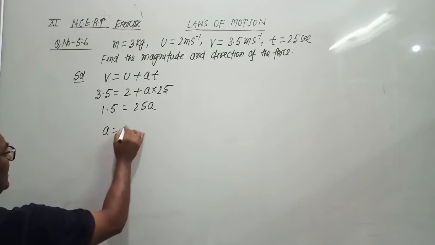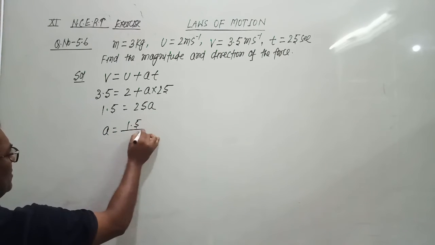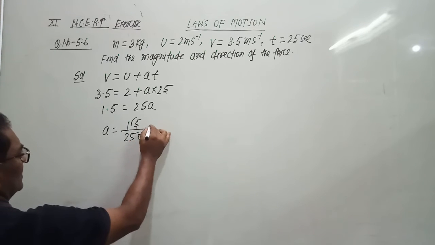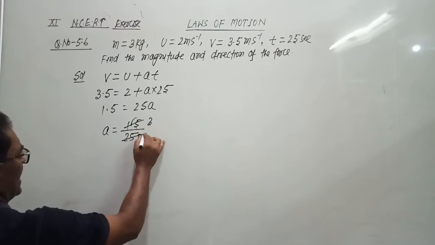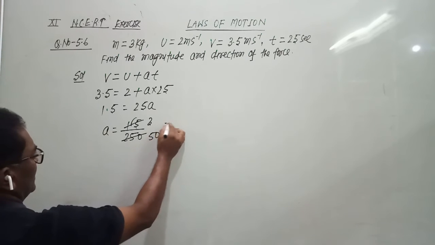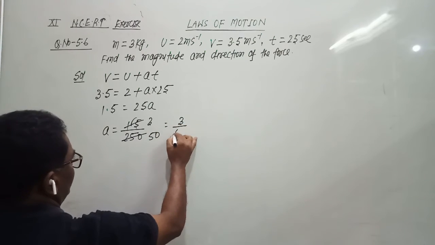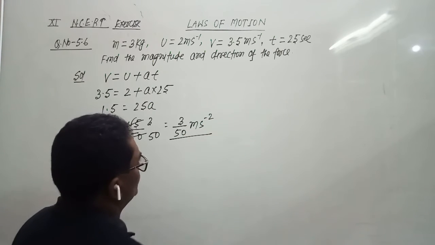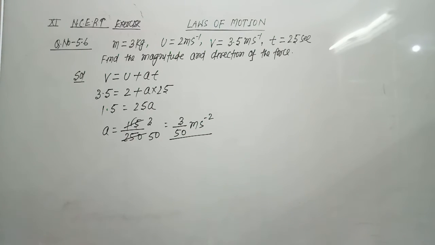The value of a is 1.5 upon 25. Removing the decimal, 15 upon 250 gives 3 by 50 meter per second square. This is the acceleration produced on the body due to the constant force applied on the body.